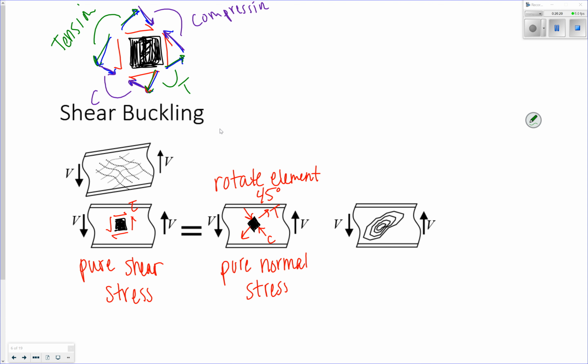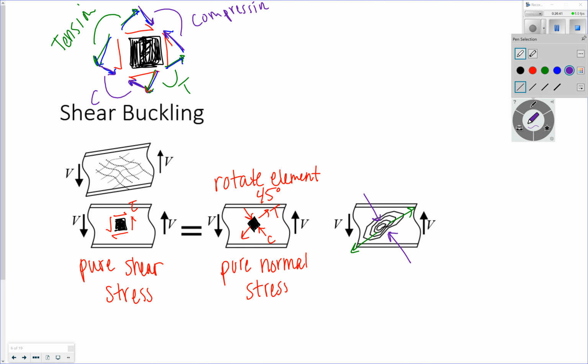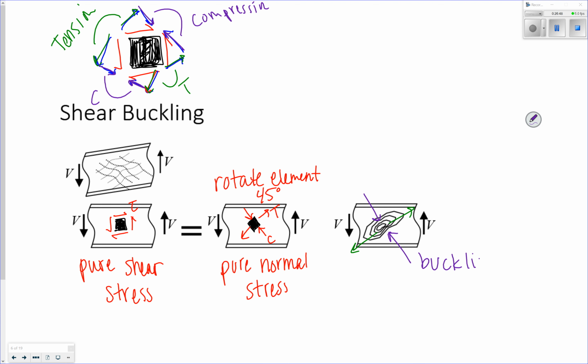Well, right? So I have my tension pulling my element, and I have compression squashing it. And what do we have when we have compression? We have buckling.